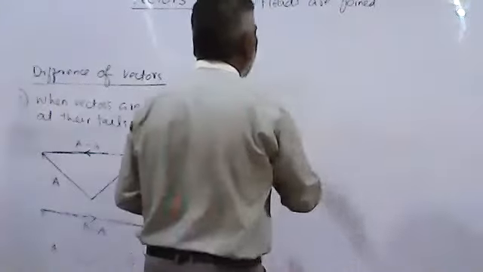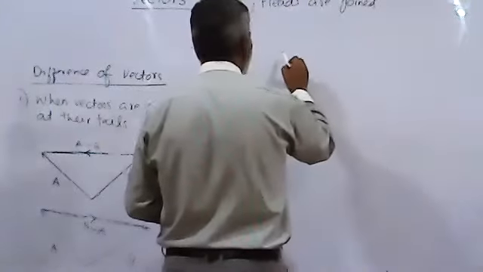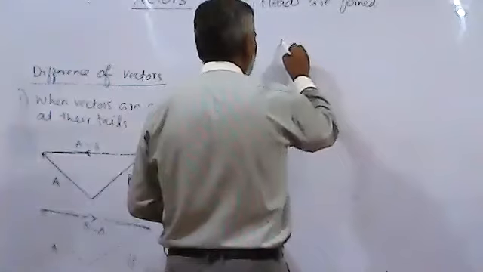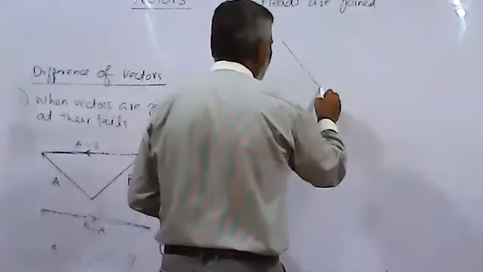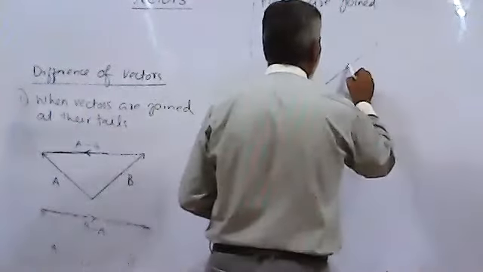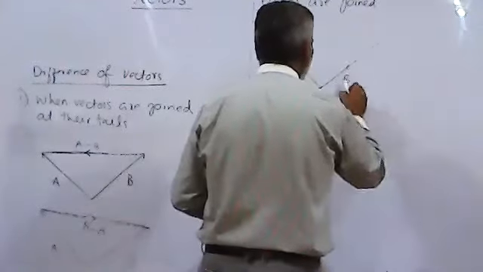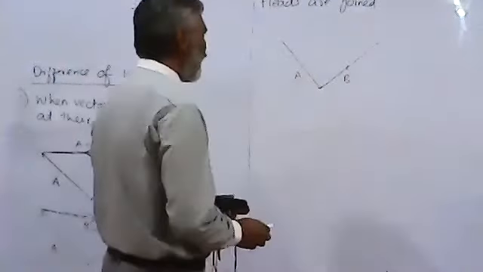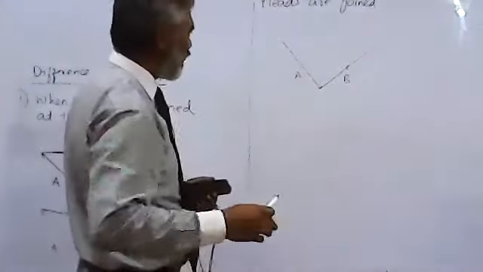In this situation where heads are joined, let's say this is vector A and this is another vector B. So both vectors are joined at their heads and their tails are free.